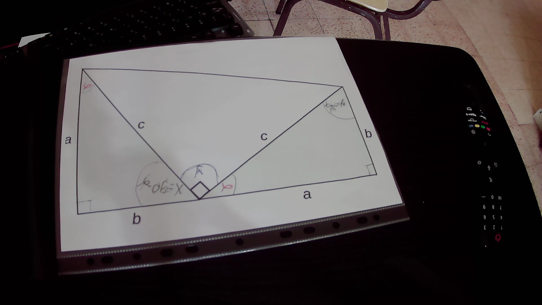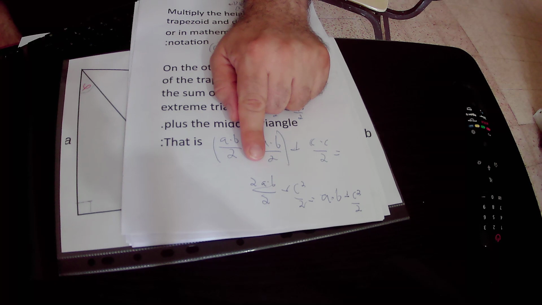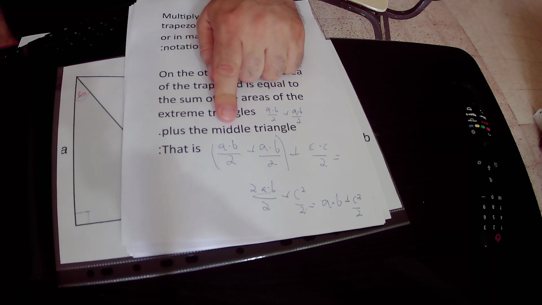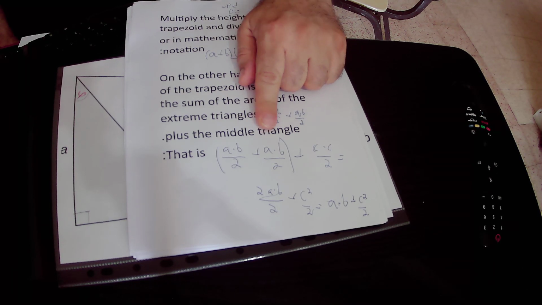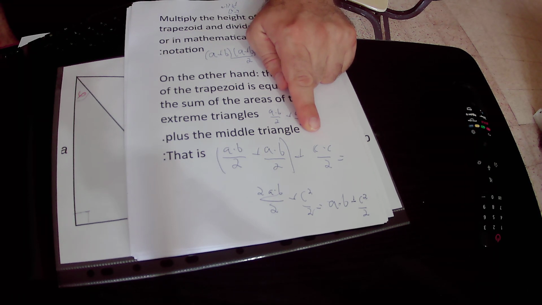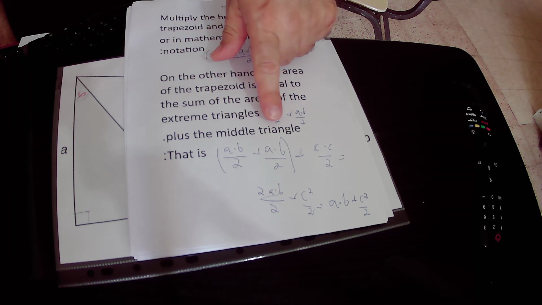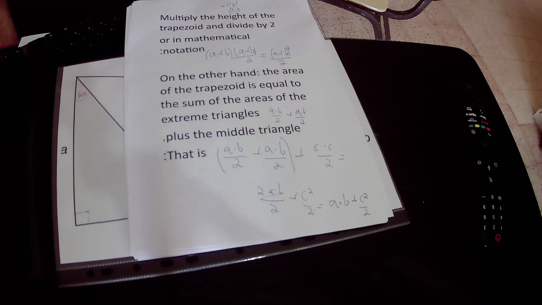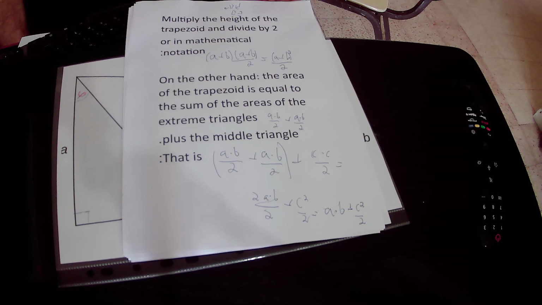So in total, A times B divided by 2 plus A times B divided by 2 is 2 times A times B divided by 2, which is actually A times B, plus C squared divided by 2.